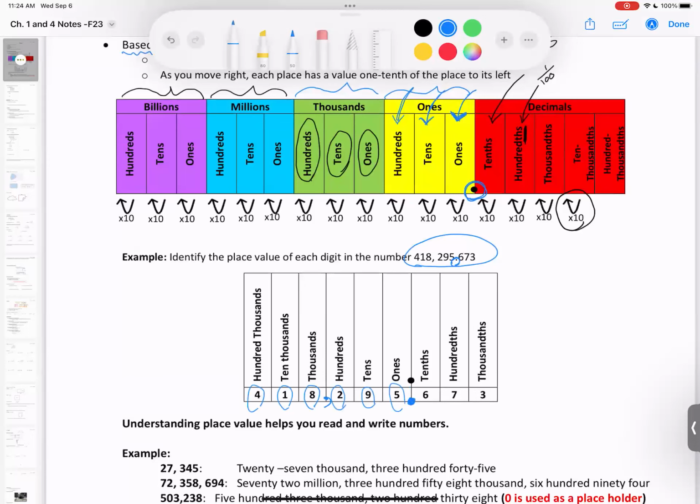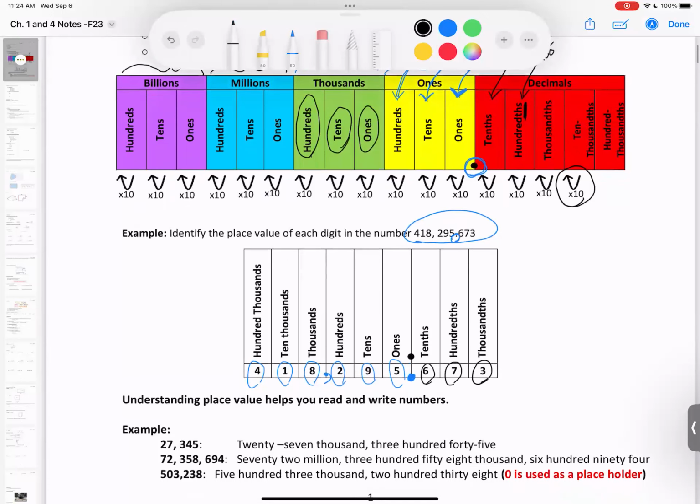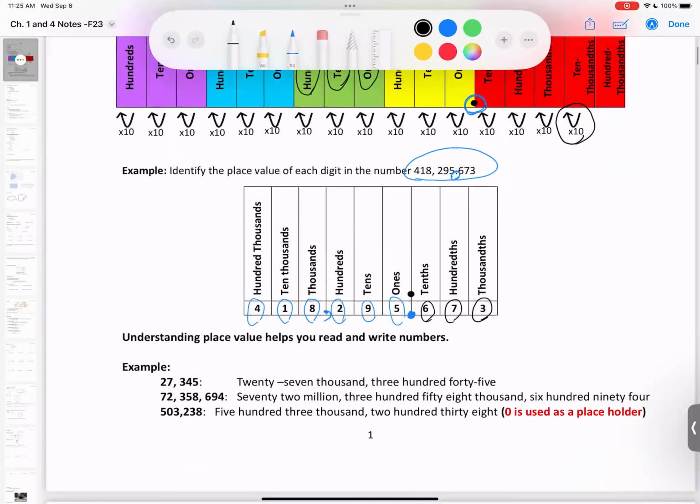As you go to the right of that decimal place, we're going to be talking about tenths, parts of a whole, hundredths, and then thousandths. So based on where that decimal place is and how far to the left or right of it you are, you can identify what place value you're talking about.